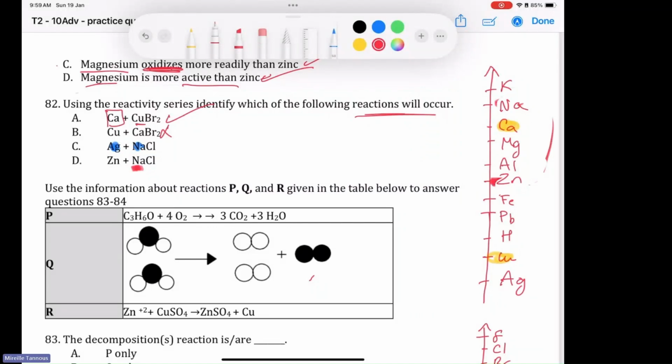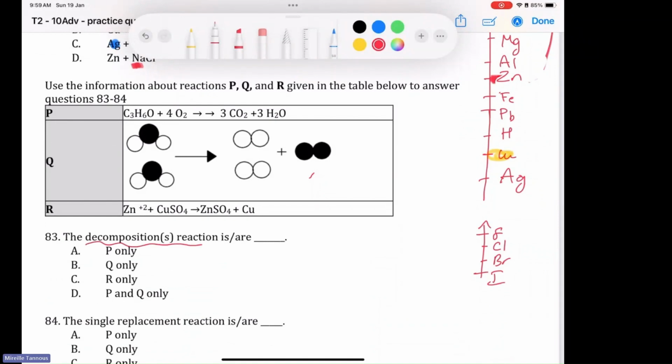Okay. Now, the decomposition. Look at this. Very obvious. This molecule, just one. This is H, sorry, this is H2O, water. So H2O decomposes into H2 and O2.